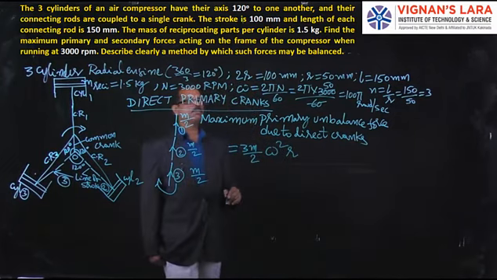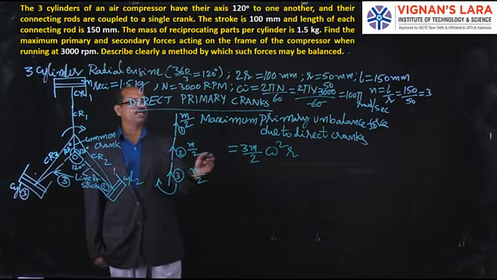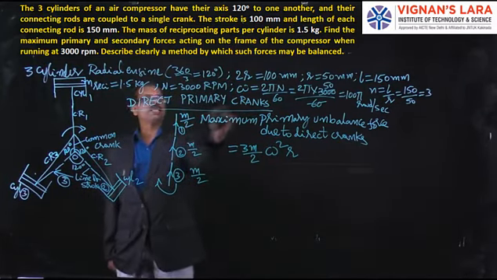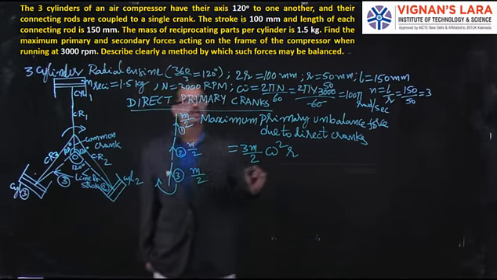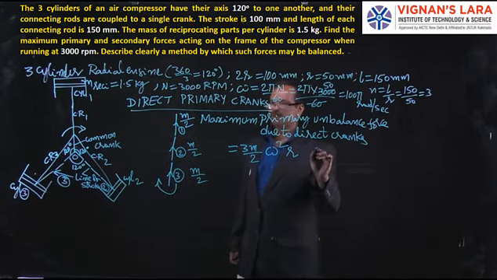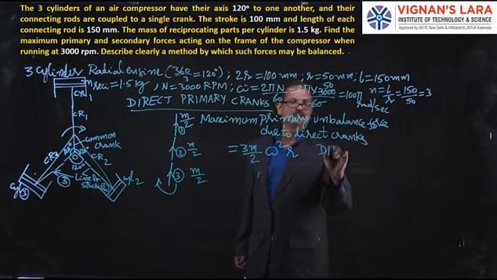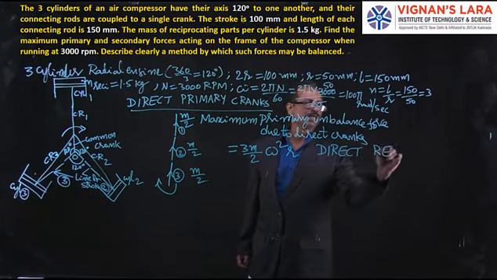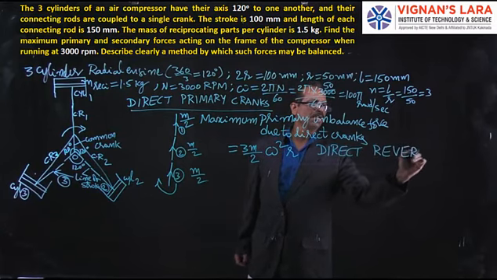So the maximum primary unbalanced force due to direct cranks is 3m by 2 omega square r. Then what about the reverse cranks? Let us draw the direct reverse crank diagram.